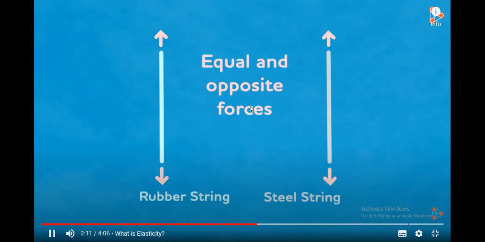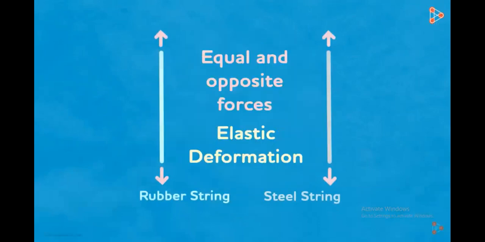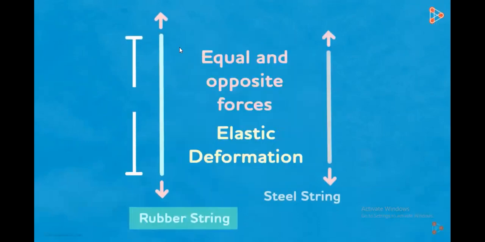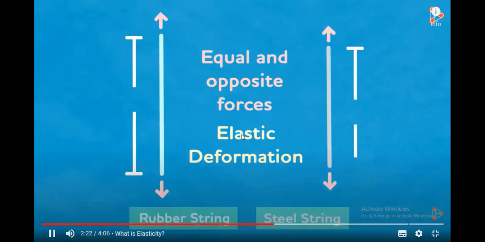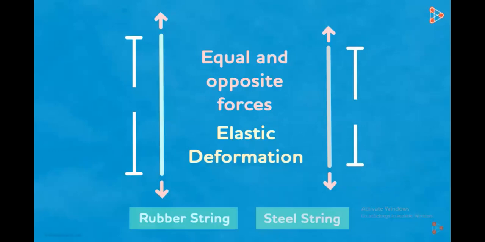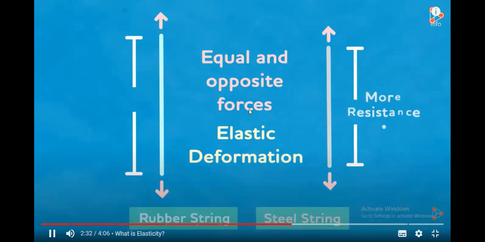But let's see what will be happening. Rubber will stretch further. And steel spring is harder to stretch. But what will happen? Actually there is a difference between elasticity and flexibility. A rubber is more flexible as compared to the steel.